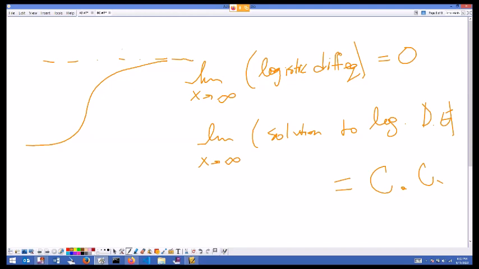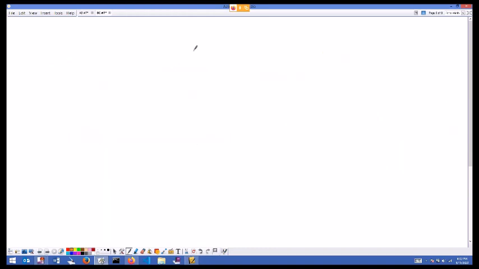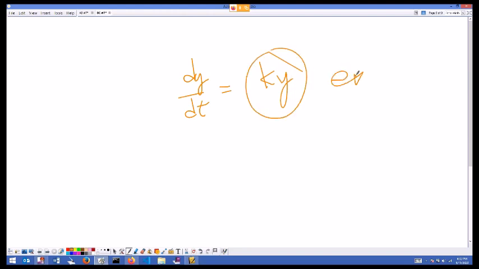If there's ever a differential equation that only has the y variable in it, can I automatically assume it's a logistic differential equation? Nope. It's a separable differential equation, and whether it's logistic or exponential growth depends on its form. If dy/dt equals k times y, that's exponential.